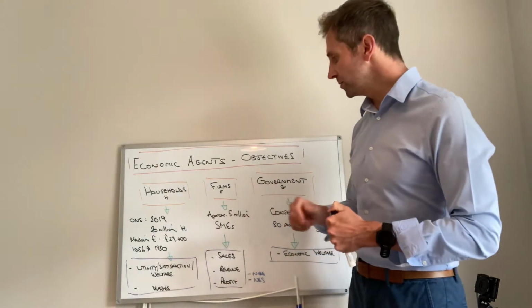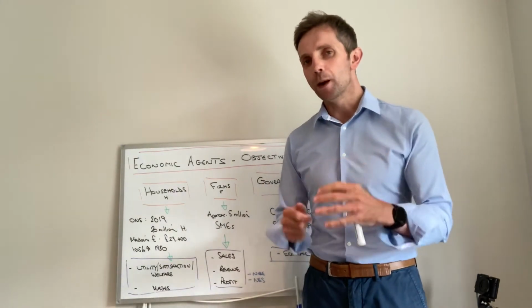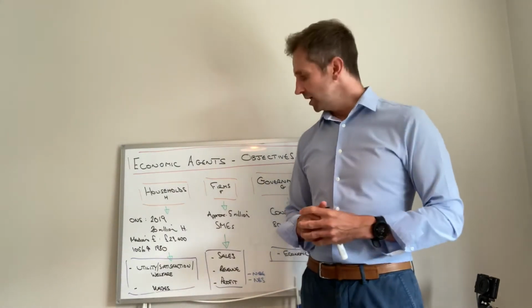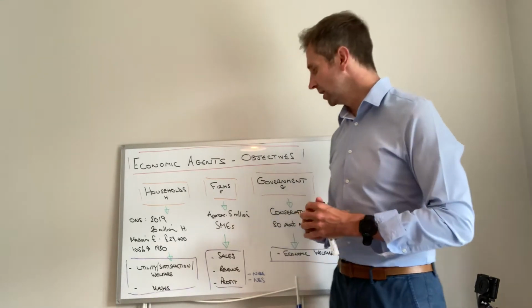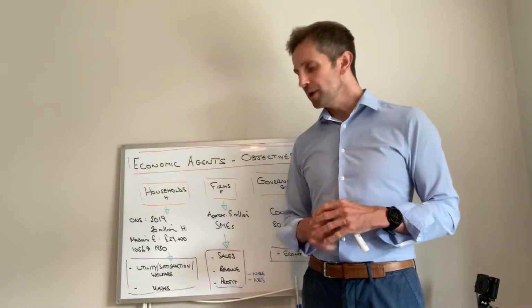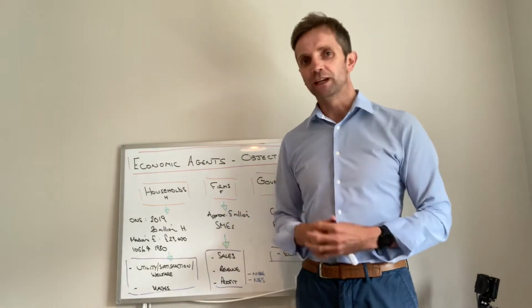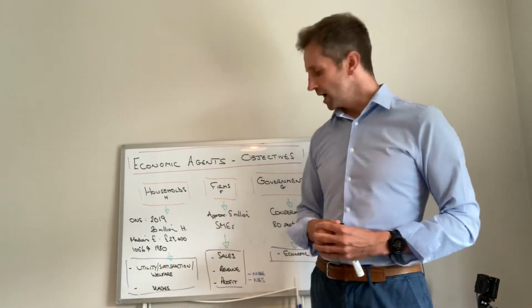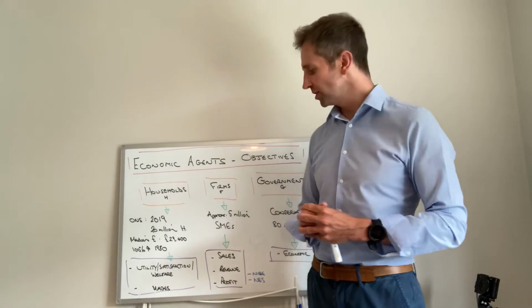What about firms then? Actually measuring and putting a number on the number of firms in the economy is quite a difficult thing to do, so there's a certain amount of guesswork involved. And you may come across this abbreviation in your research, your work with the UK economy, SMEs, so small and medium-sized enterprises.